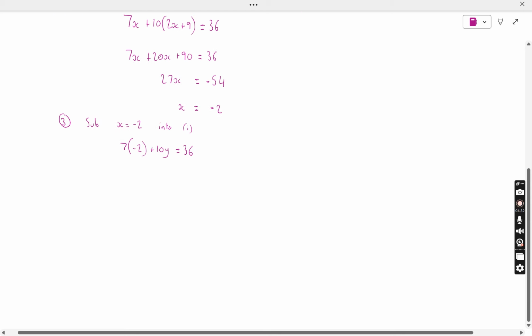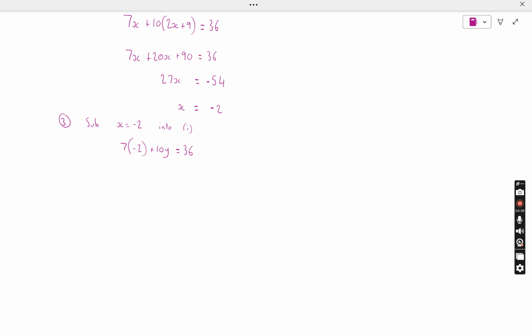Okay, again, check that you've only got one variable in your equation. That's how you know you've done it correctly. 7 times negative 2, negative 14, plus 10y equals 36. And now rearrange to get y by itself.